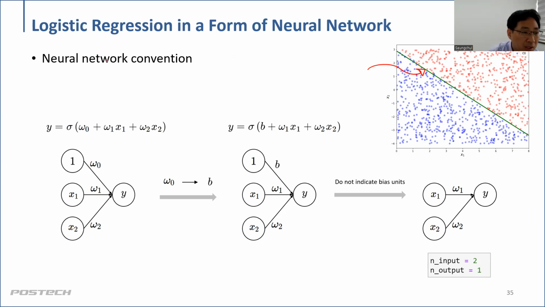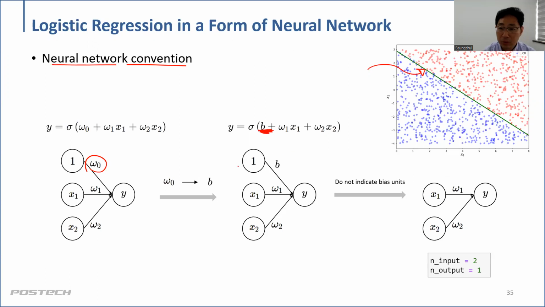And before that, in neural nets, there are some conventions. What is meant by convention is that in Perceptron, we use omega naught. I think I already mentioned it. Now I'm going to switch to B, which represents bias. So it's bias and omegas, okay? Every time we have bias terms.